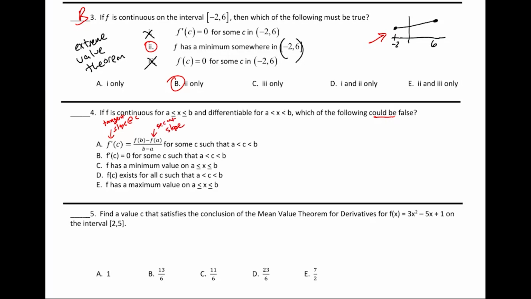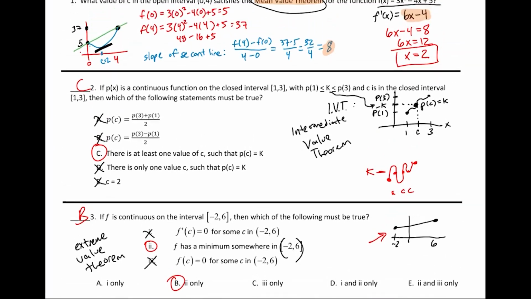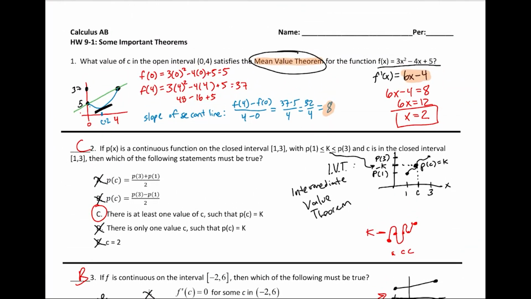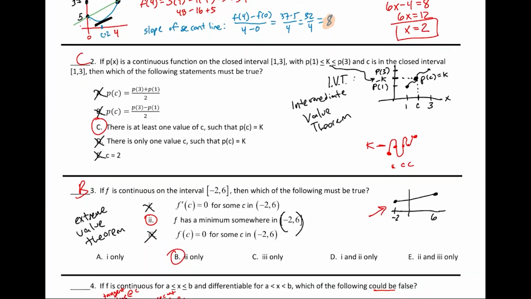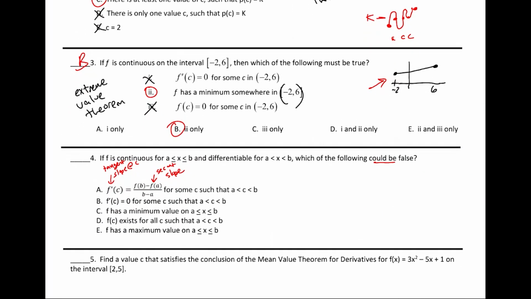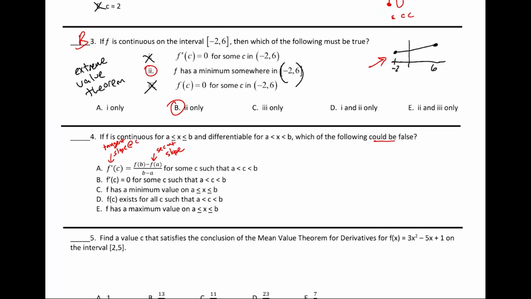So this is like the mean value theorem that we have up here, where we tested to see if those are going to be equal. Well, if f is continuous and differentiable, this is going to be true. The mean value theorem tells us that there is going to be some c value where the tangent line, the instantaneous rate of change, is equal to the average rate of change. So yeah, this is not going to be our answer.